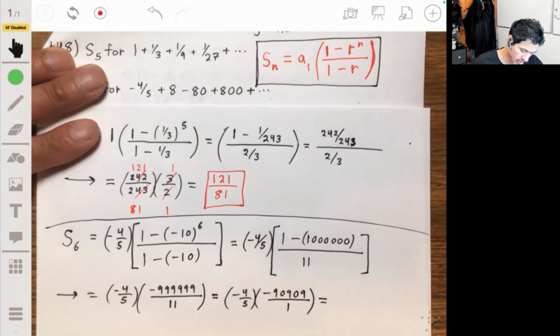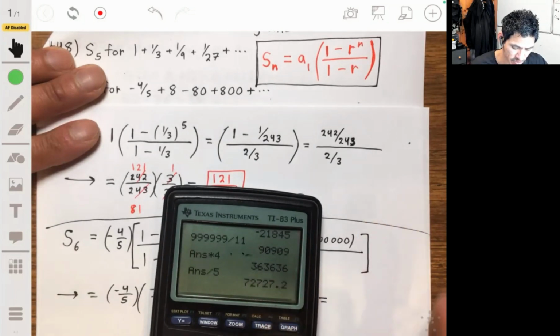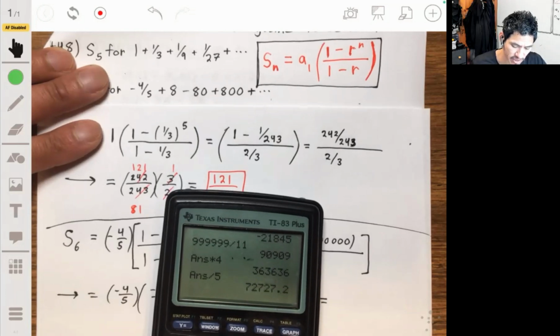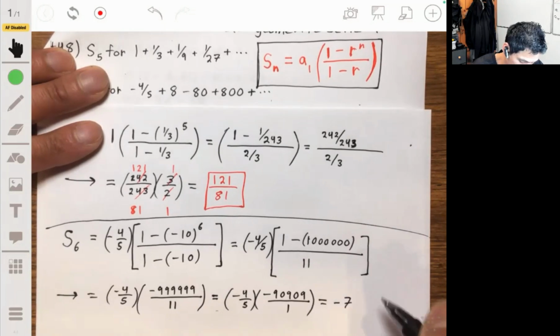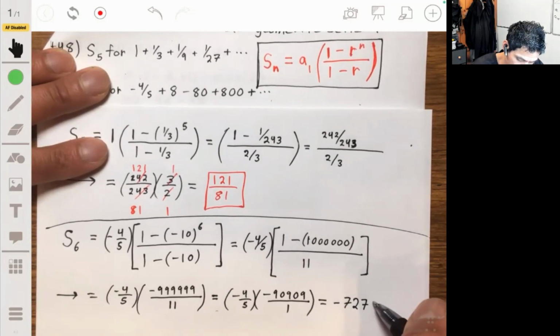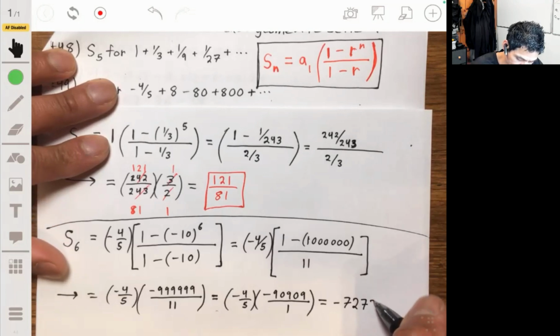So that times 4 will give you 363,636. Divided by 5 will give you 72,727.2. A negative, actually. Negative 72,727.2.